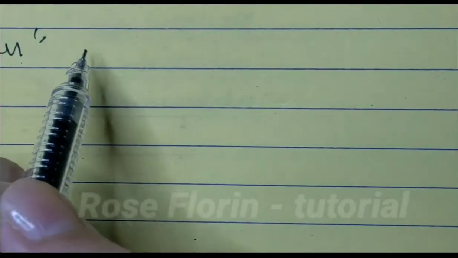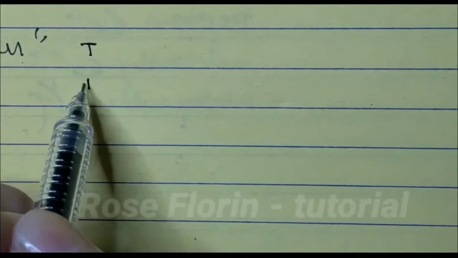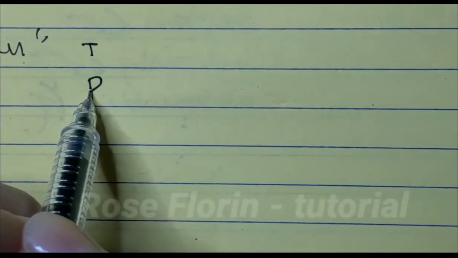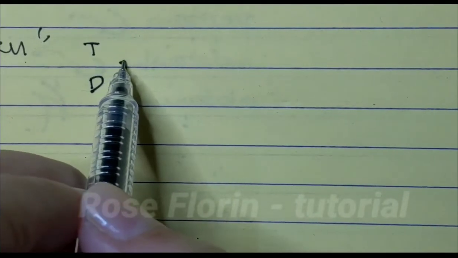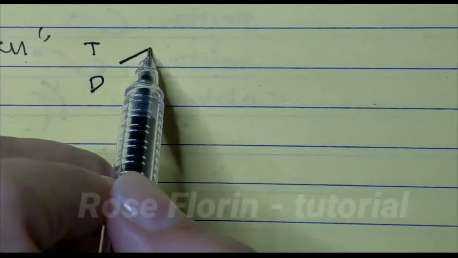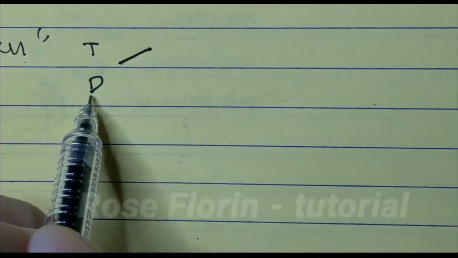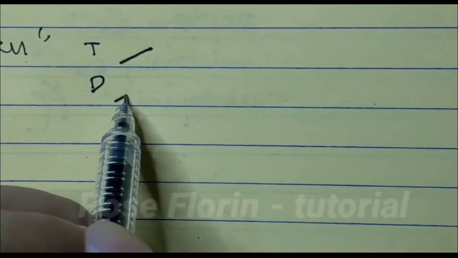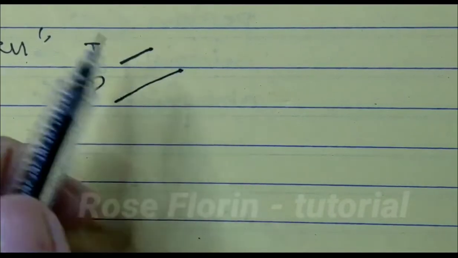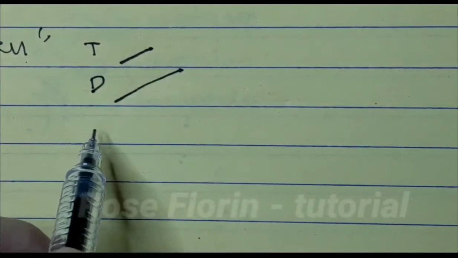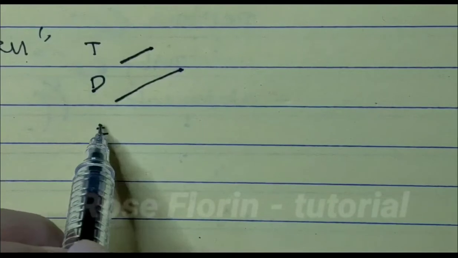Another alphabet is letter T and letter D. Letter T is written as a short, upward, straight line. And then for letter D, a longer, upward, straight line. Okay, let's say from the word eat.